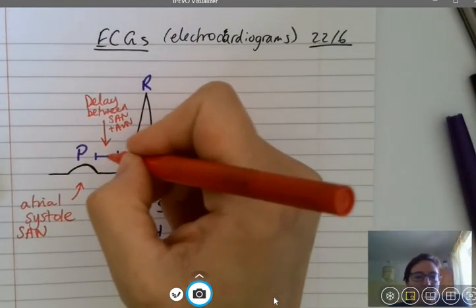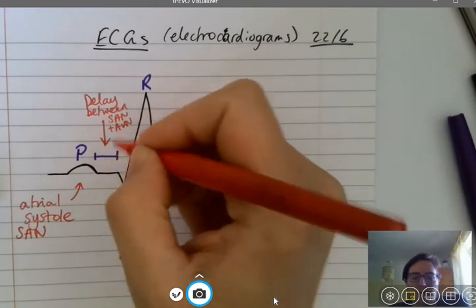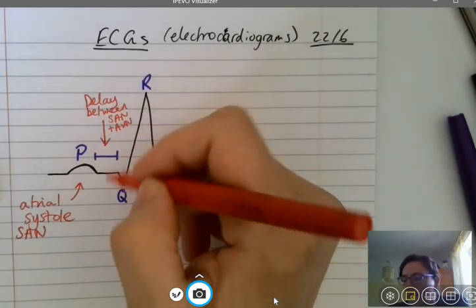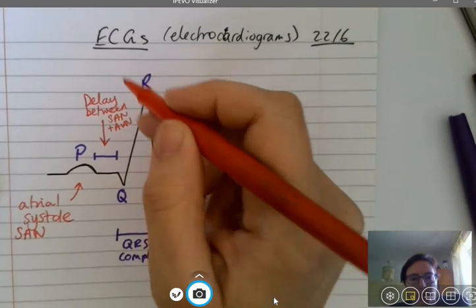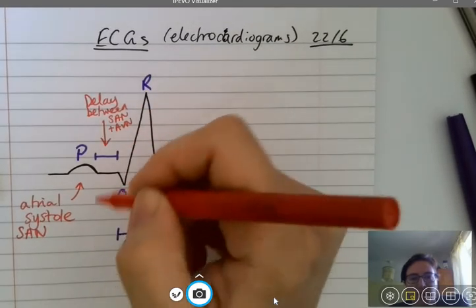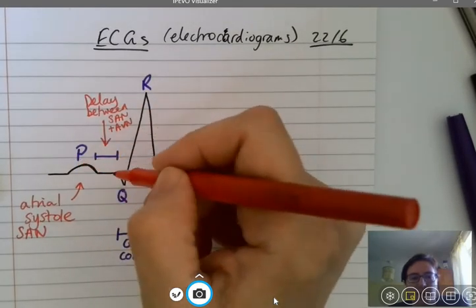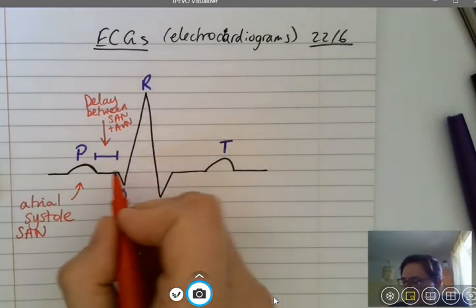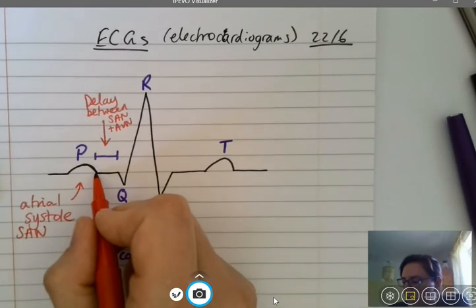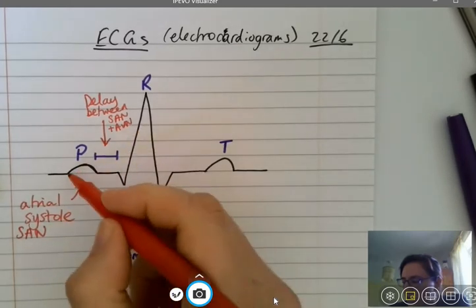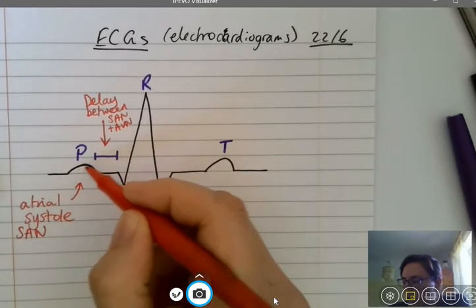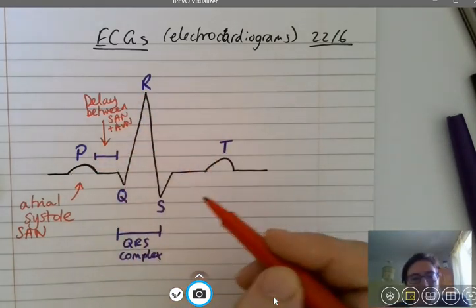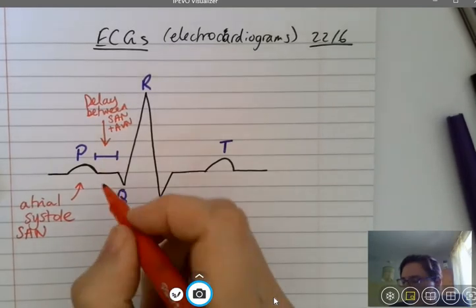And this is partly facilitated by that layer of non-conducting tissue through the boundary between the atria and the ventricles that stops this wave of electrical excitation continuing into the ventricles. Otherwise, if that conducting tissue wasn't there, there'd be no gap here. We'd have this continual wave of excitation starting with our little P wave, and it would shoot straight up into this QRS complex.